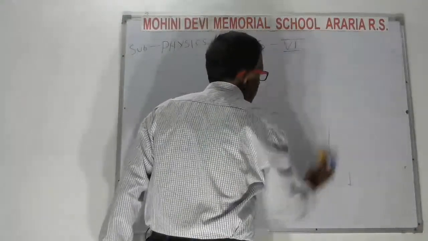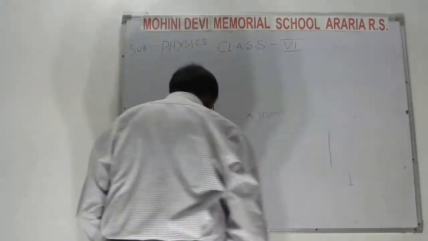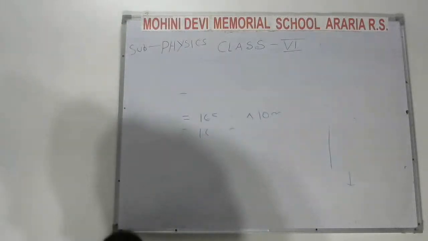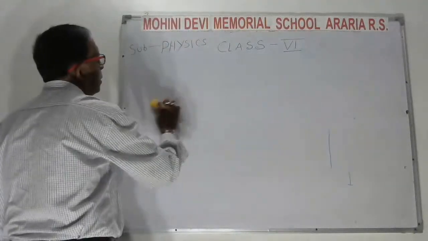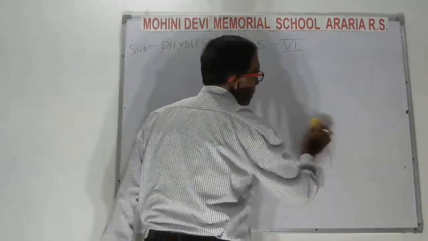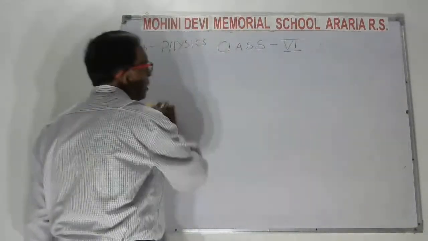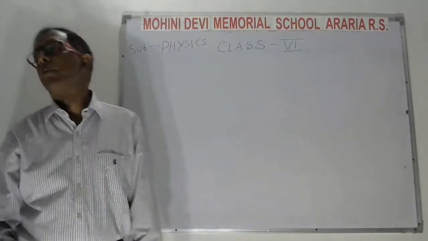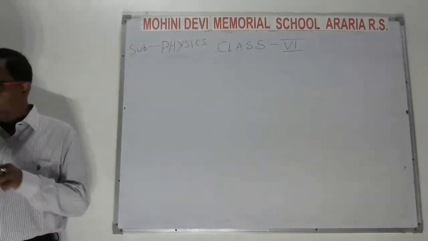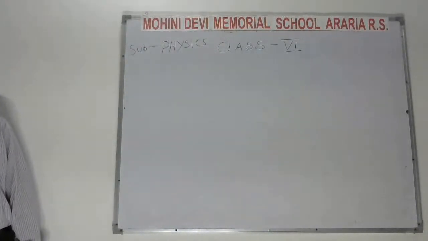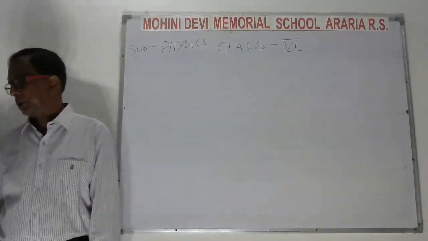My children, it is mathematics, not physics. Remember, I have taught so many times that physics is the language of mathematics. If your mathematics is strong, you would be strong in physics.